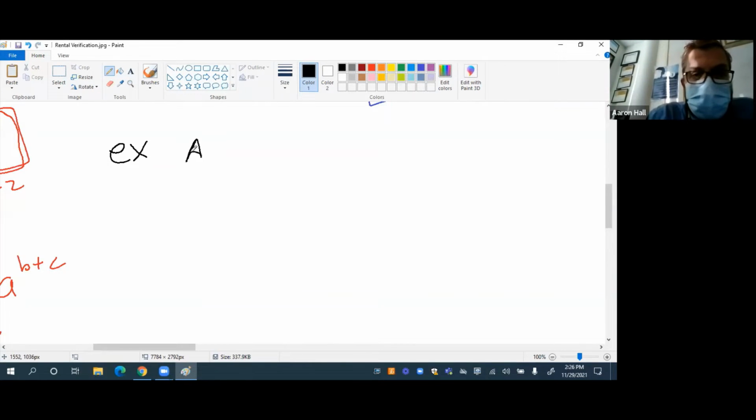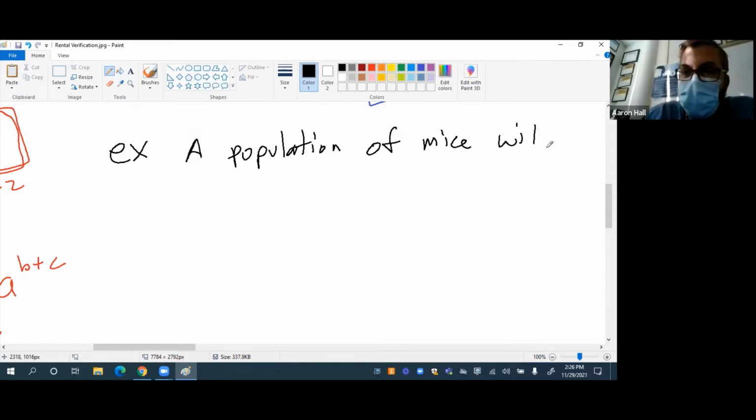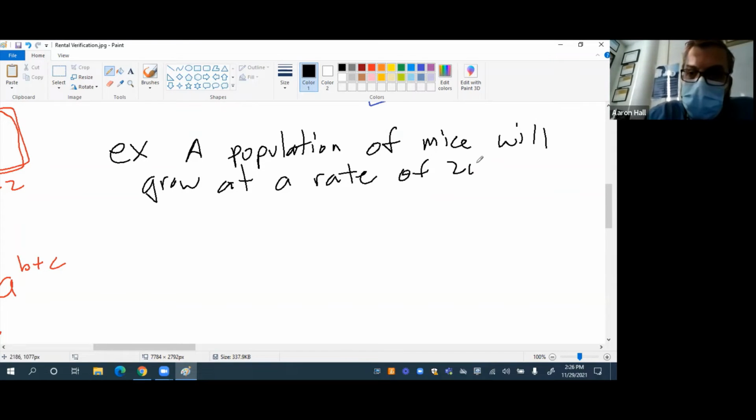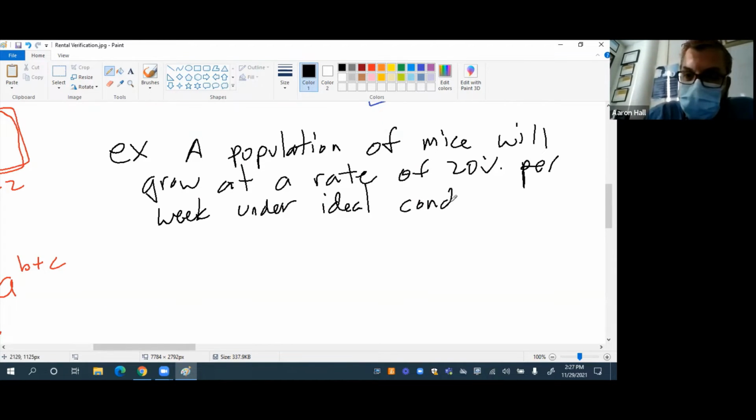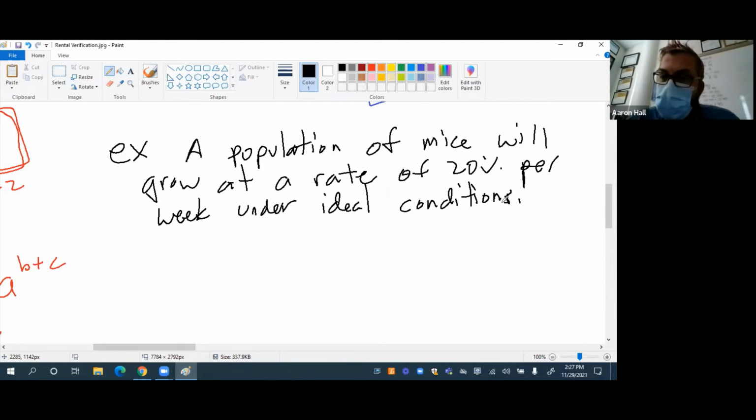A population of mice will grow at a rate of 20% per week under ideal conditions. That means that there's enough water, there's enough food, there's enough space, there's no disease.